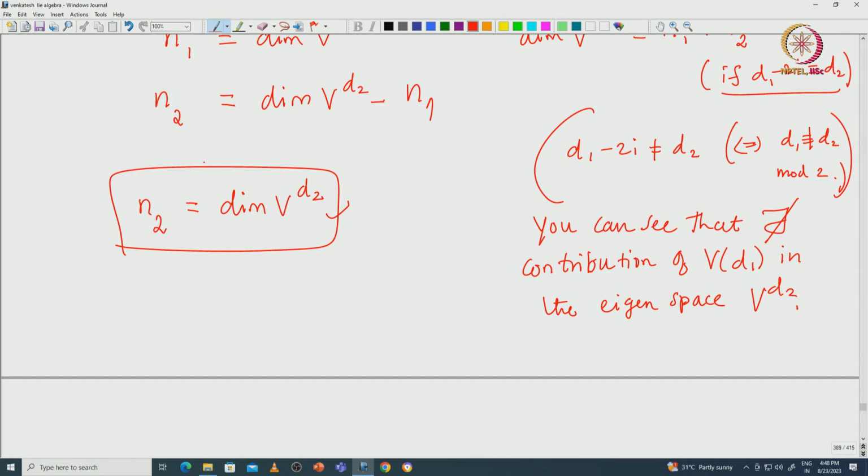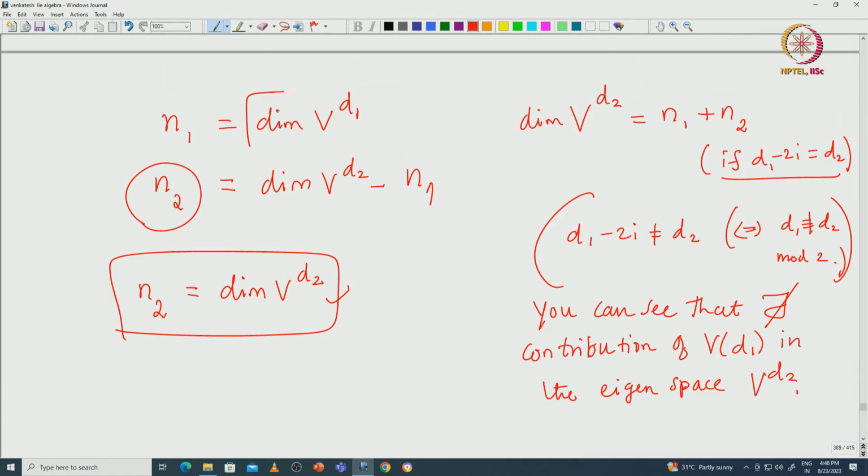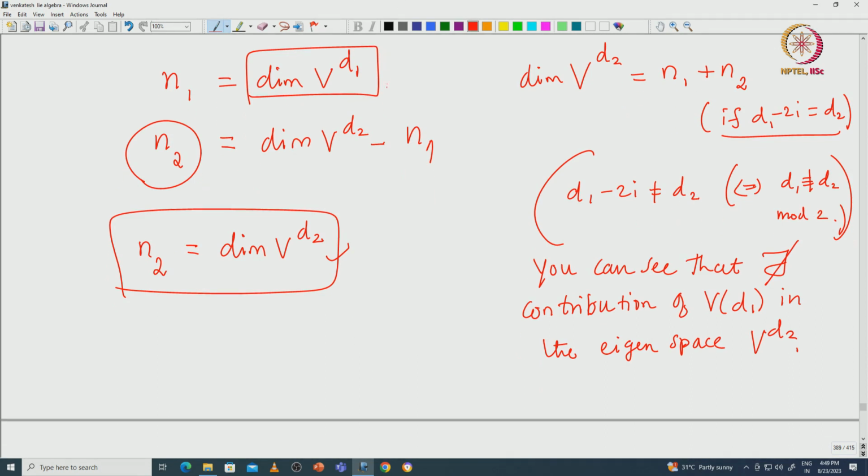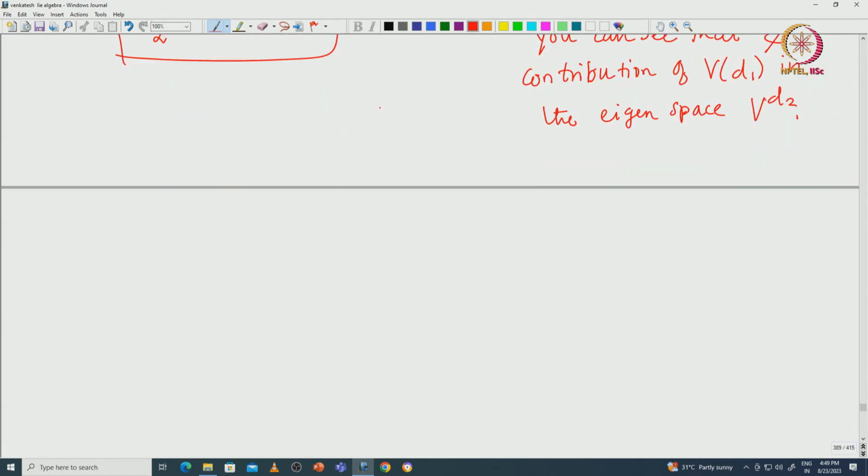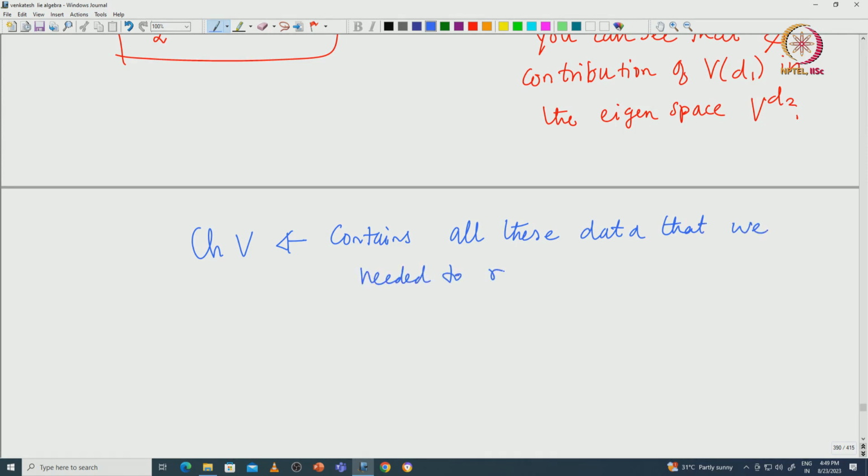So now it is clear how to get these numbers of components by knowing the dimensions of these H eigenspaces of capital V. Sometimes that is easy to calculate. In some sense, that is what we are recording inside the character of V. The character of V contains all this data that we needed to recover the multiplicities.